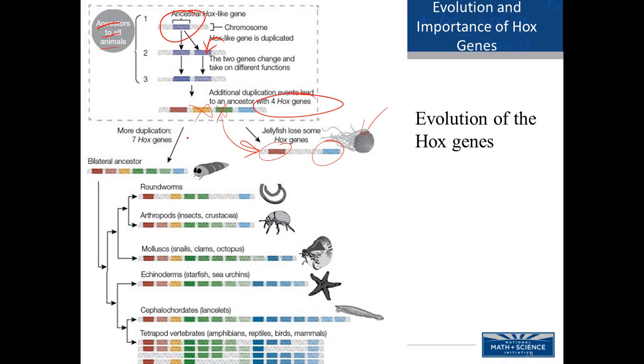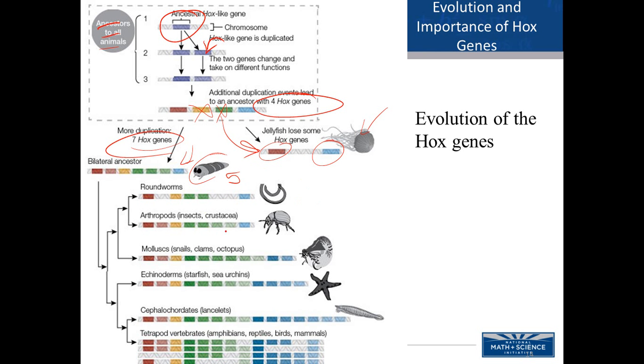However, over here, when we look at an ancestor to bilateral animals, it is estimated that there are 7 Hox genes, so more duplication has occurred. And you can see now what has happened to those 7 genes over the course of evolution. In the case of roundworms, some of the Hox genes have been lost because they only have 5.